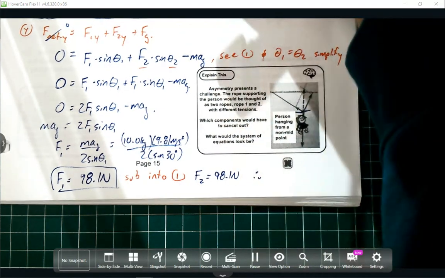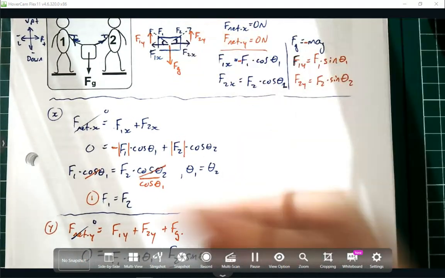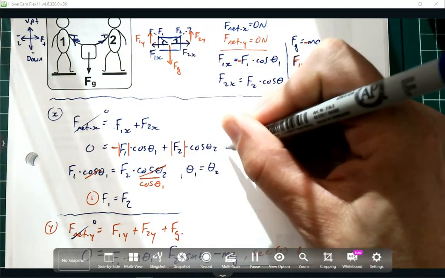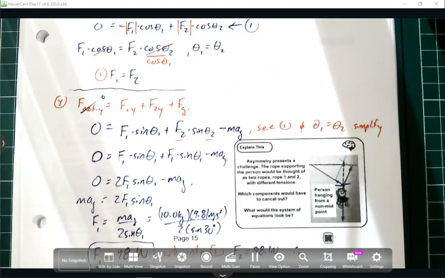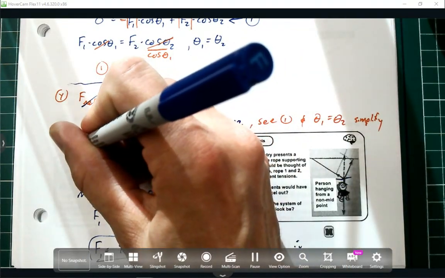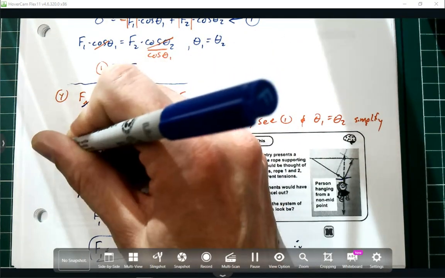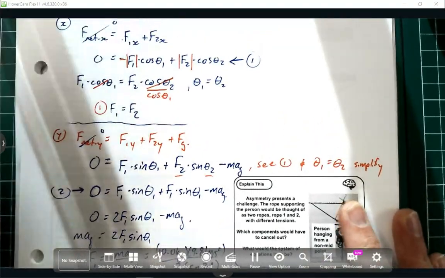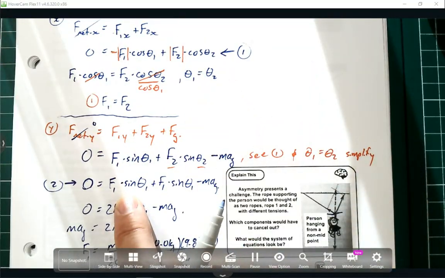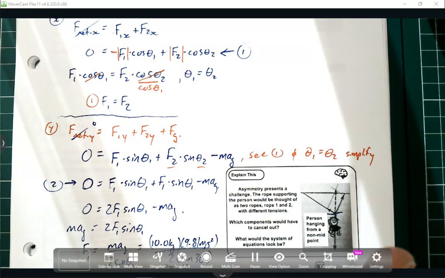So we'd have to hold on to this one as our equation 1, and this one as our equation 2. It's not a simple linear equation scenario. It's actually a 4-variable trigonometric system of equations, but we totally could still do it.